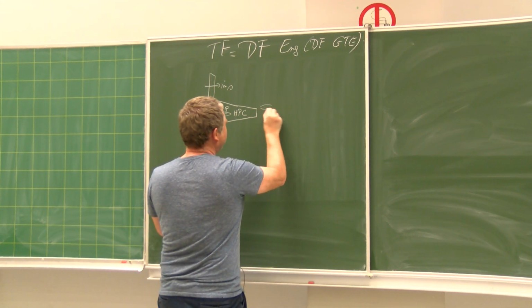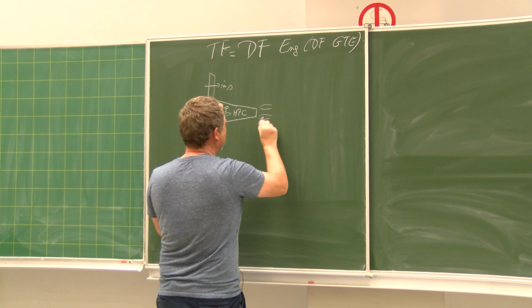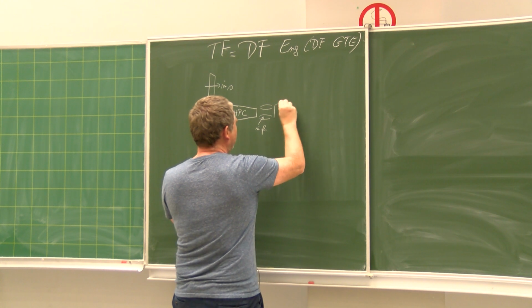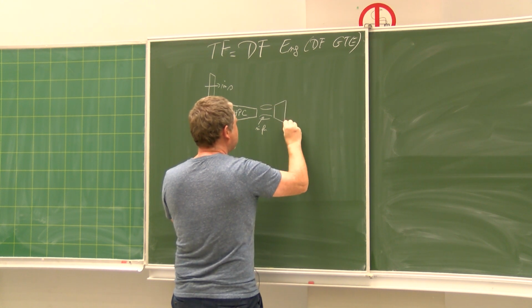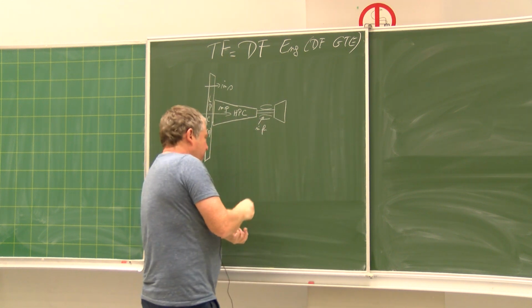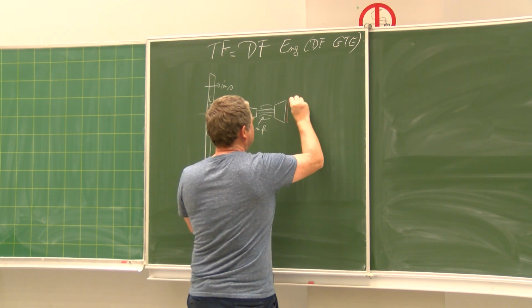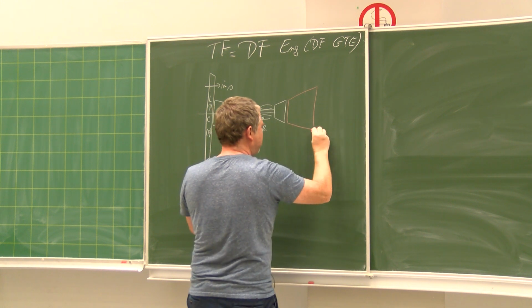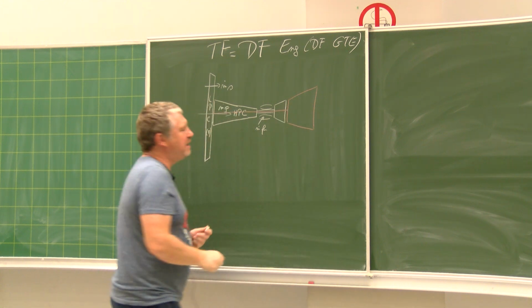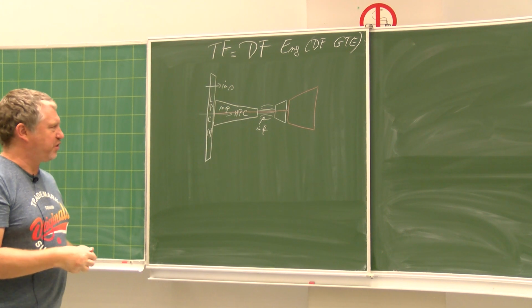Behind that, you have the fuel flow, so you inject a certain amount of fuel. Behind that, you have a turbine that is driving the high pressure compressor, and you have a second turbine that is huge, most probably, we have explained that last week, that is driving the low pressure compressor.